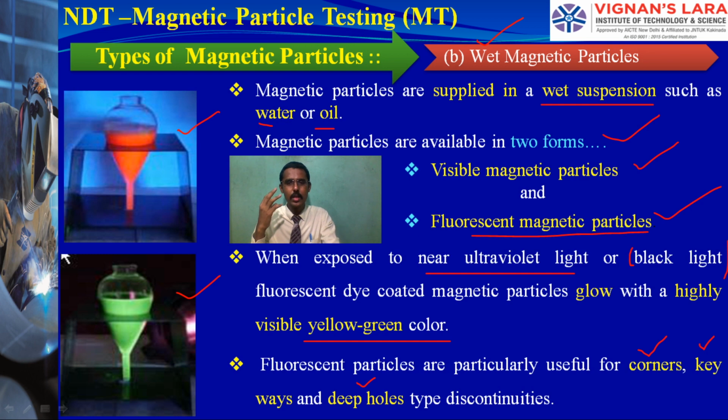If it is possible to see with our normal eyes, none of this equipment is required. The cracks are micro, but these micro cracks create stress points, and this leads to failure. That is why we intend to rectify them. So there are two kinds: the visible particles, which are normal colors, and the fluorescent particles.